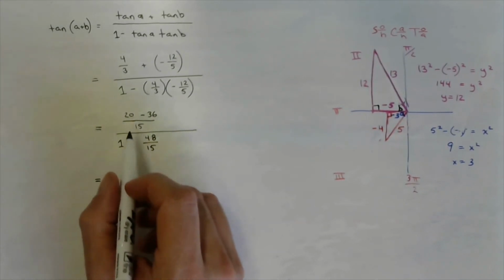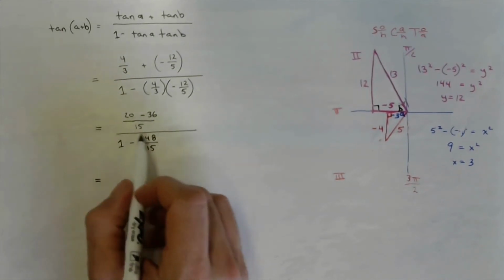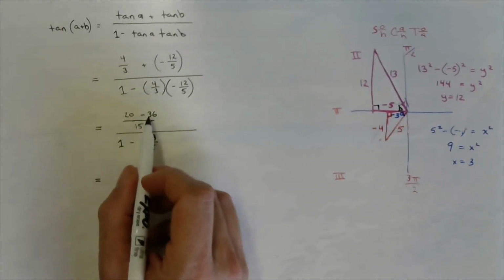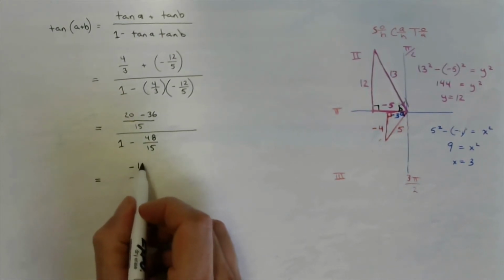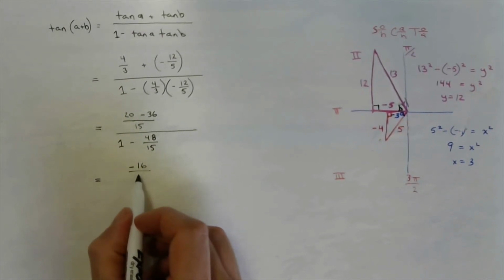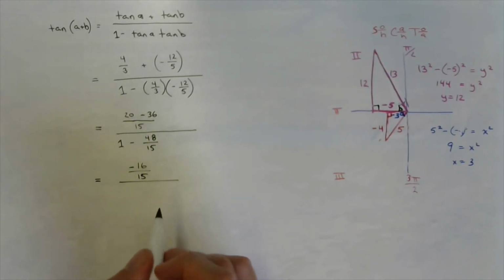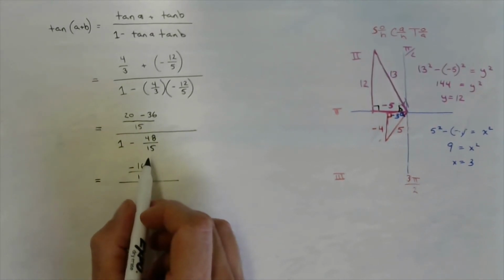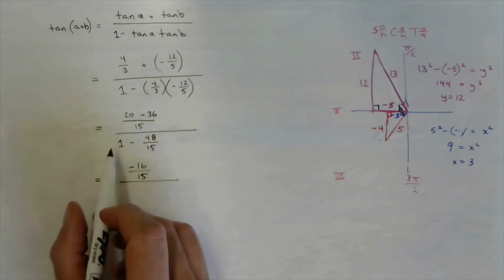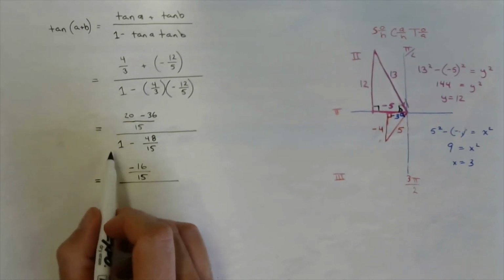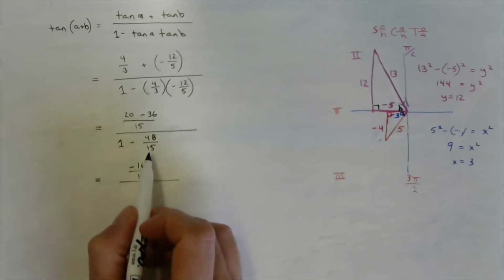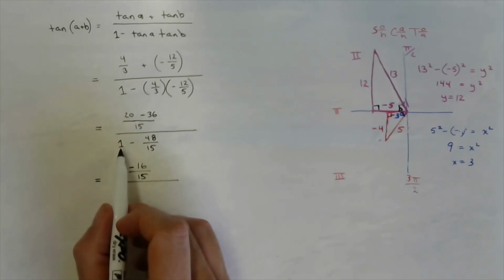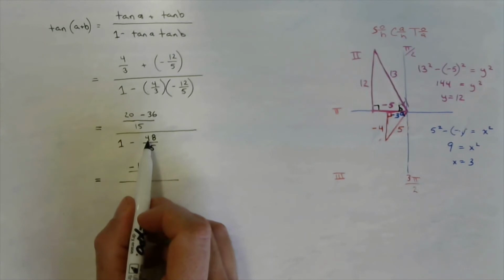So I'm going to reduce my numerator. This is negative 16 over 15. And then the denominator I can also express as a fraction over 15. So I have 15 over 15 right here. 1 is 15 over 15 minus 48 over 15. 15 minus 48.